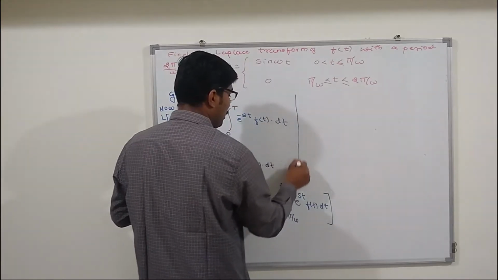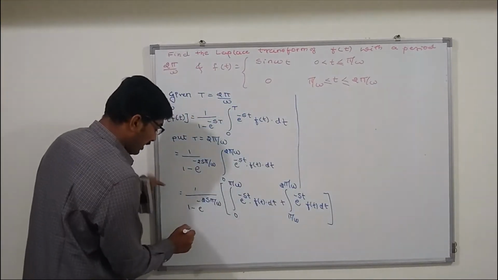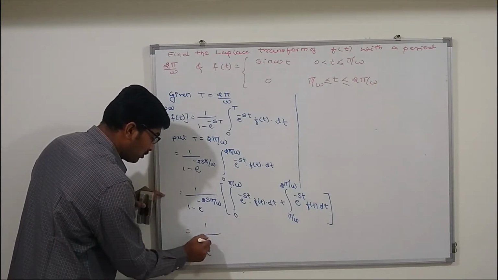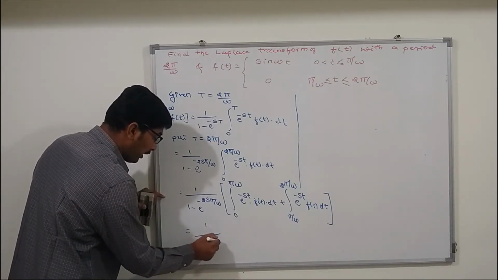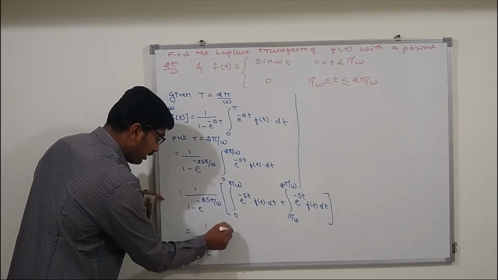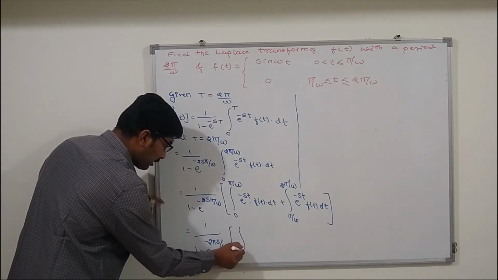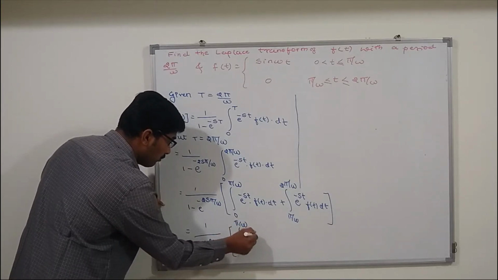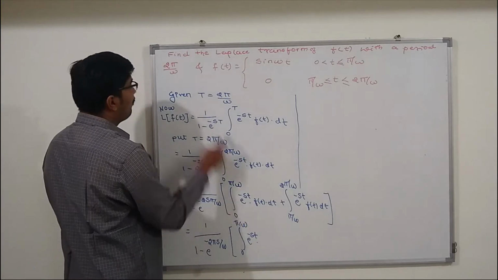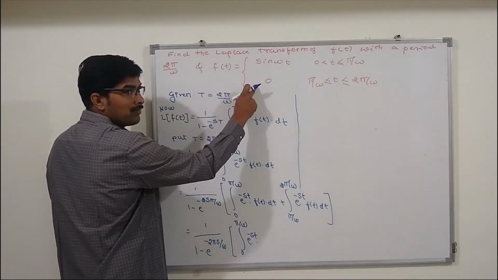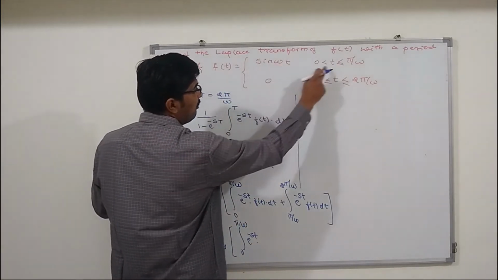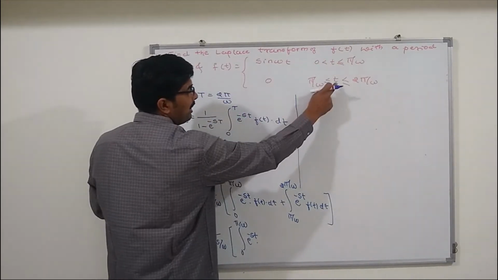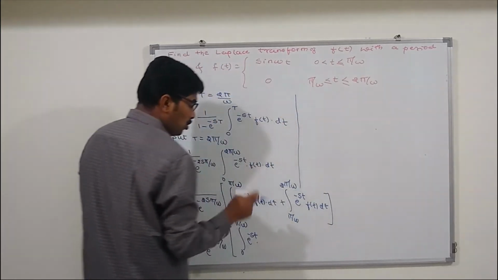If you substitute the values, how much will you get? This is equal to 1 divided by 1 minus e raised to minus 2 pi s divided by omega into bracket, integration 0 to pi by omega e raised to minus st into f of t. f of t has two values. The first value is sin omega t when t lies in between 0 to pi by omega, and f of t is 0 when t lies in between pi by omega to 2 pi by omega.